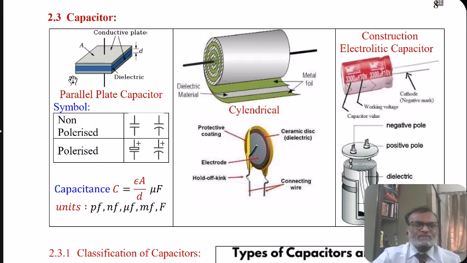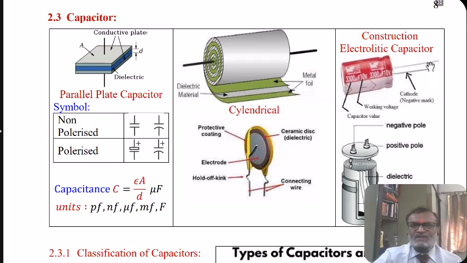Typically, for large capacitor manufacturing, the parallel plates of the capacitor are wound in the form of a cylindrical roll shown here and enclosed in a metallic enclosure so that a large area can be encompassed in a smaller volume. Such types of capacitors are mostly the electrolytic capacitor.